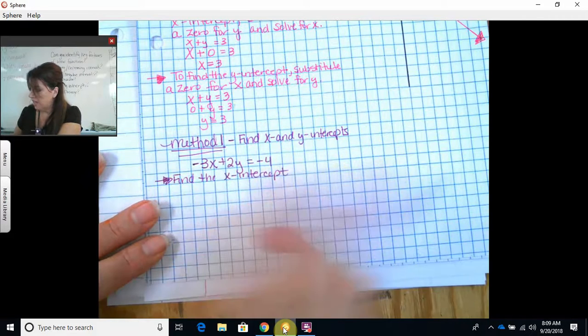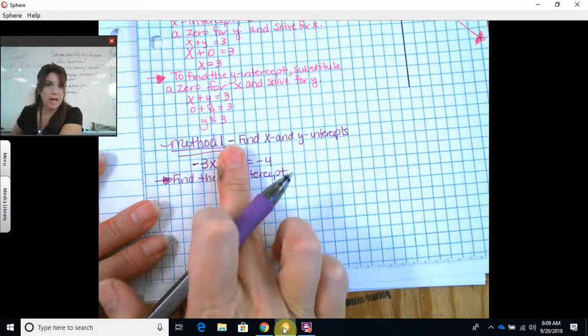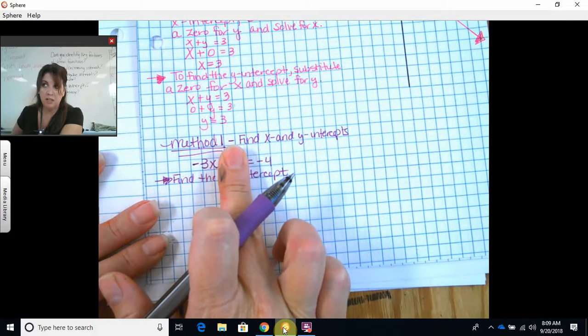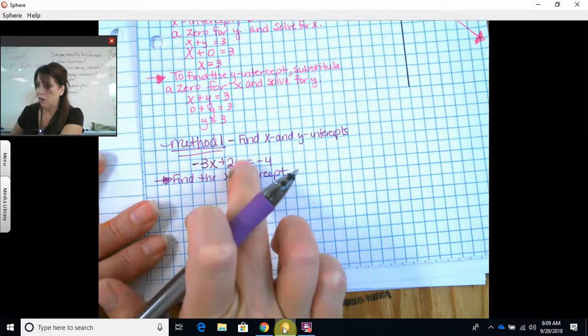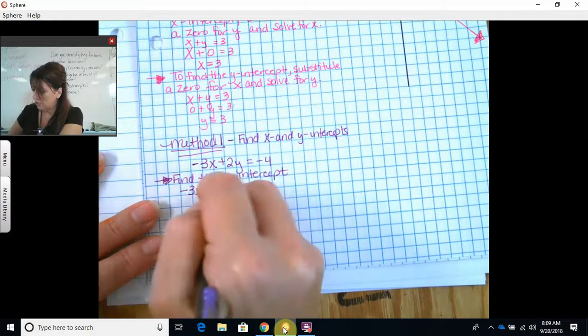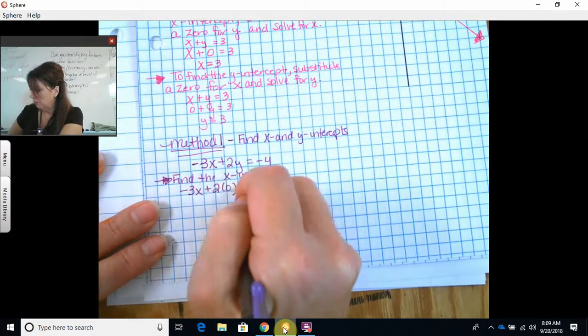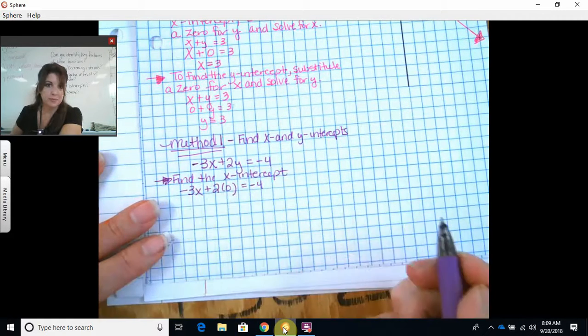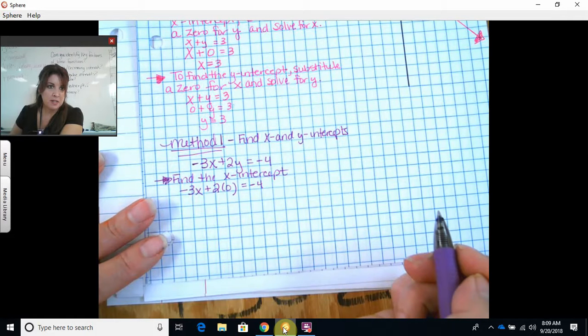So if we want to find the x-intercept, that means we have to get rid of the term with the y. To do that, we plug in a 0 because we know wherever the graph crosses the x-axis, it's going to have a y value of 0. So I'll have -3x plus 2 times 0 equals -4. We know 2 times 0 is 0.